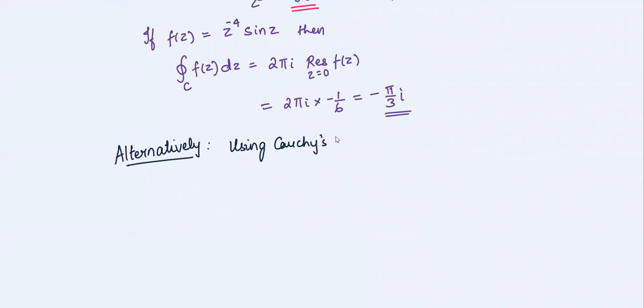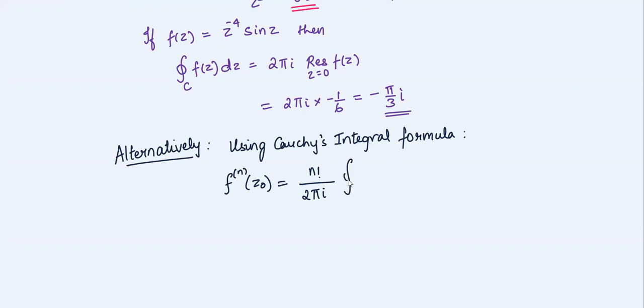I'm doing this just to show how lengthy it will be. Now the nth derivative of f at z naught is n factorial by 2 pi I times the integral of f of z by z minus z naught to power n plus 1 dz.